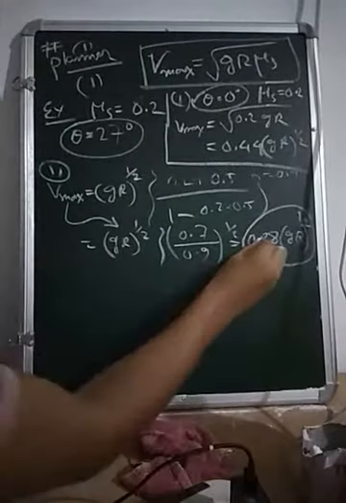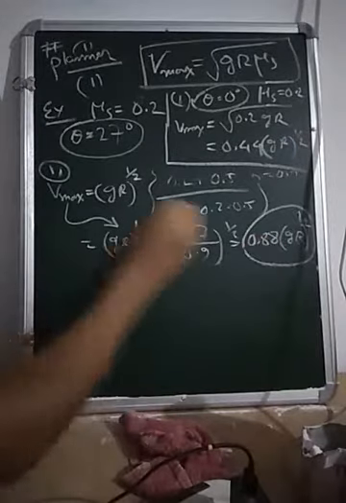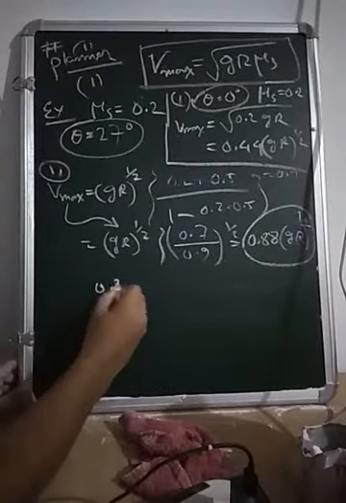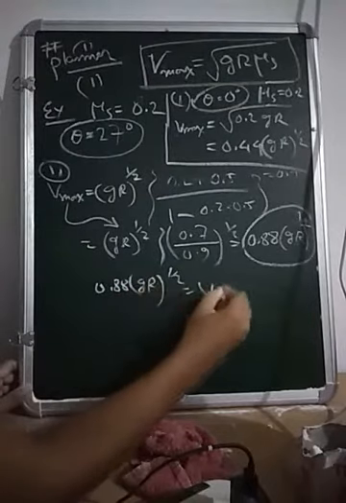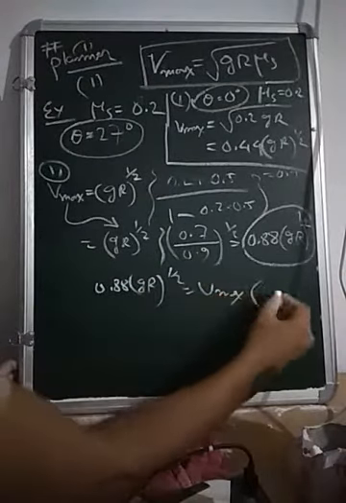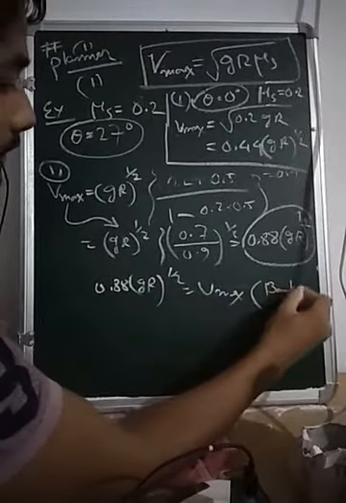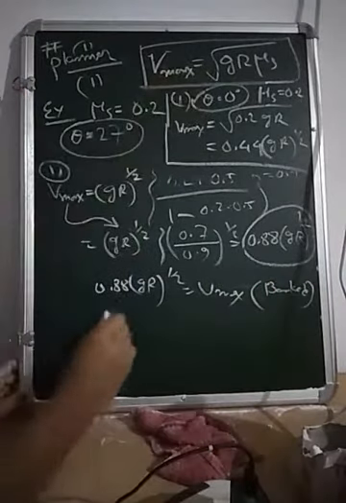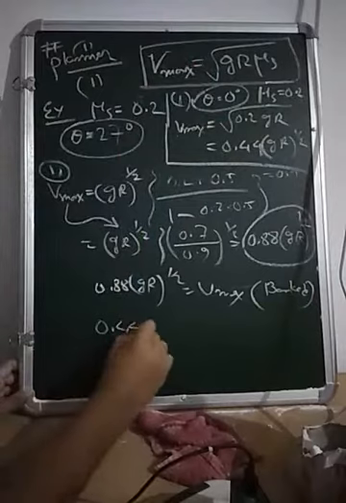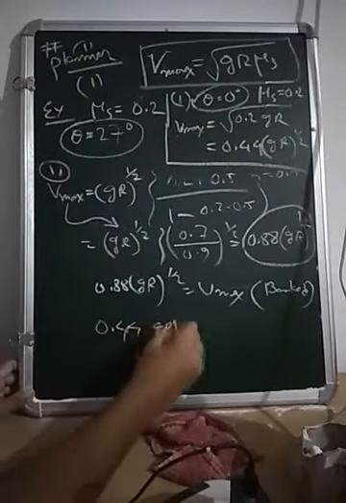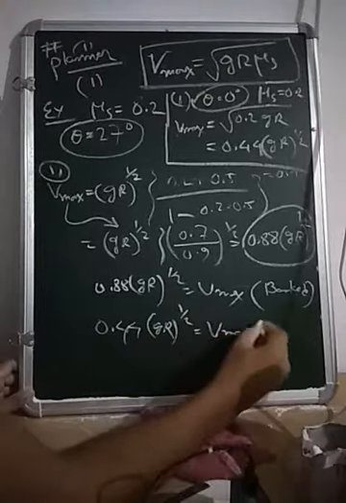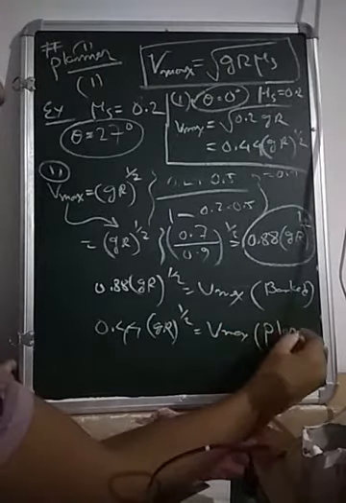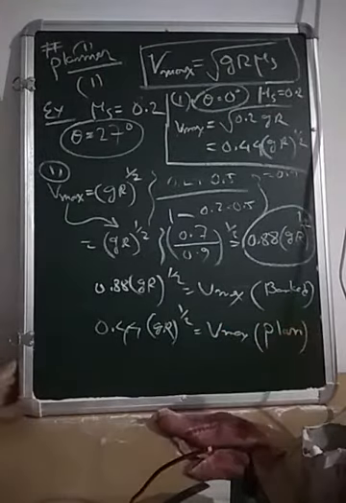So in case of a banked road, what we get is 0.88 into g r to the power half. This is the Vmax in case of a banked road. And in case of a plain road, the maximum velocity is 0.44 into g r to the power half, the Vmax in case of a planar road.